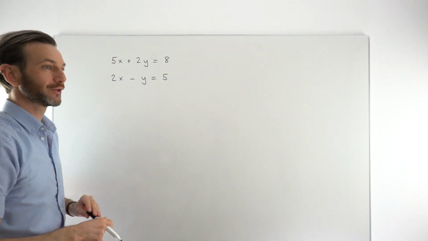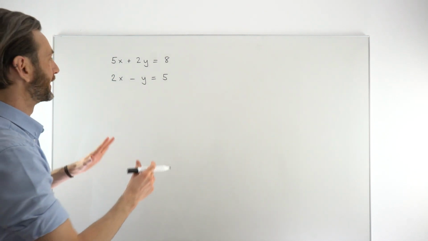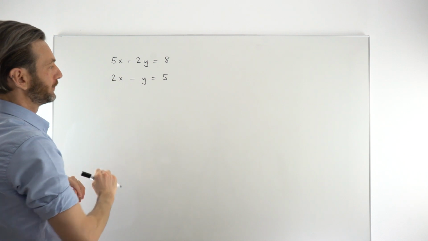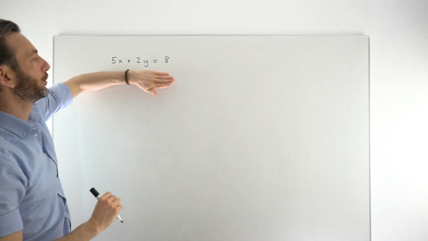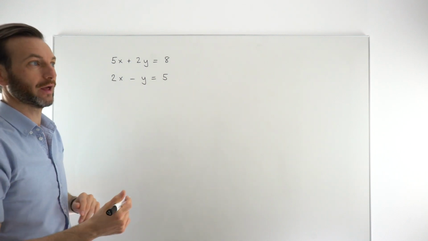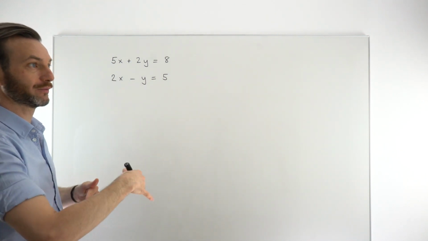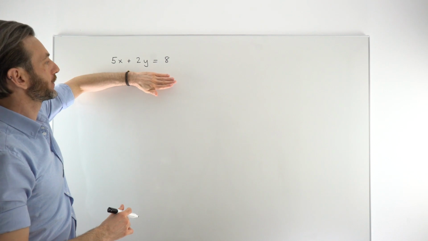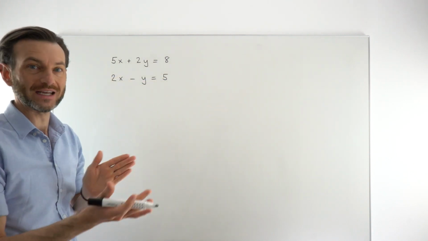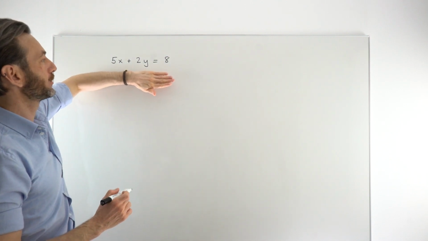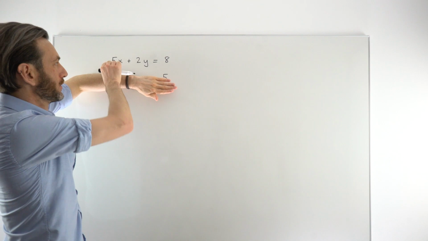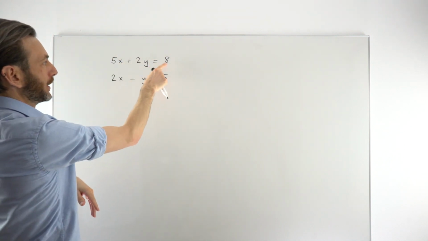So the first thing you need to know is that you need to have as many equations as you've got unknowns. If you had, for example, just that top equation, we can find infinitely many solutions to that. It's not that we can't find any solutions, we can find too many. Without that second equation, which provides another constraint on the x and the y value, you could find a whole bunch of combinations, in fact infinitely many combinations to satisfy that equaling 8.